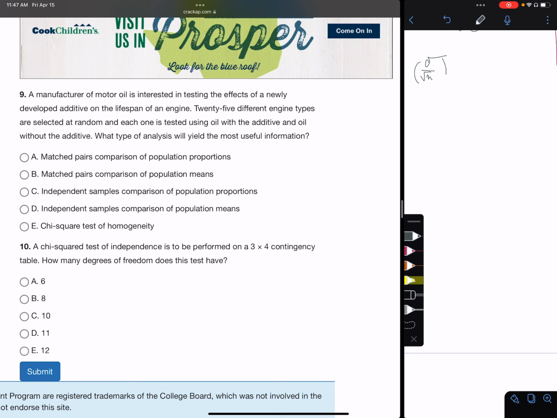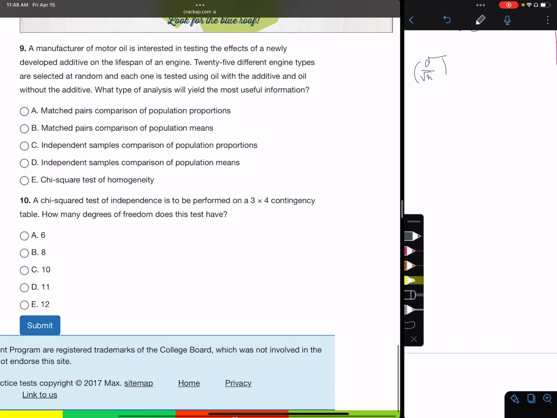25 different engine types selected at random. With additive and without the additive. What even is matched pairs? Independent samples. We don't even need to do proportions and means. That's not what this is. You could do a chi-square test, honestly.